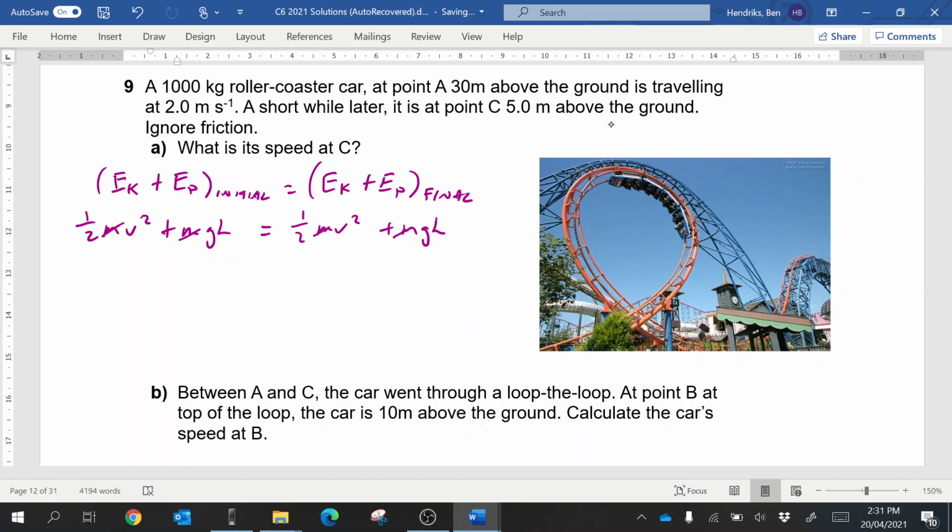Now we can just put in what we know. It starts off with a speed of 2, so it's a half times 2 squared plus the gravity times height, which is 9.81 times 30. That's at point A. And at point C, we don't know what the speed is, so we've got half v squared plus 9.81 times the height, which is 5.